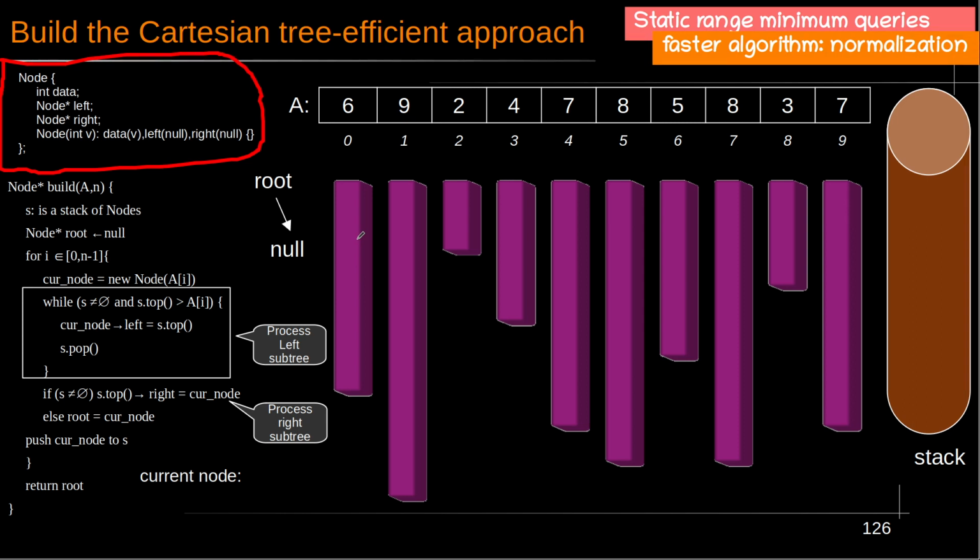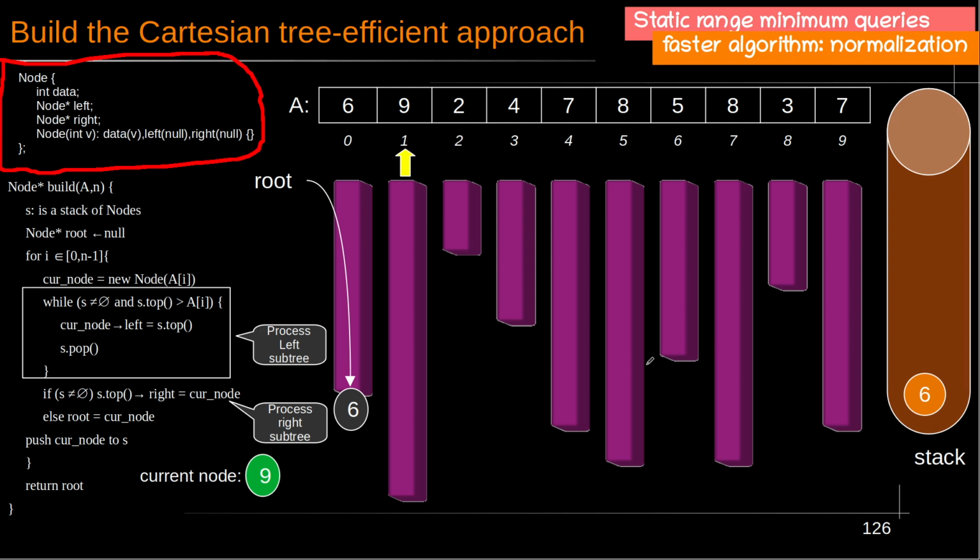Let's see how to run this on this example. First, we start from 6. So my current node is 6 here. The stack is empty. There's no node to check. So the root will be that current node, and we push 6 to the stack. Okay, we go to 9. 9 is my current node now. We check, is 6, at the top of the stack, greater than the current node 9? The answer is no. So we do not enter the while loop here. We skip the while loop.